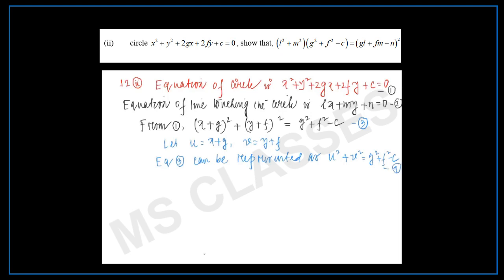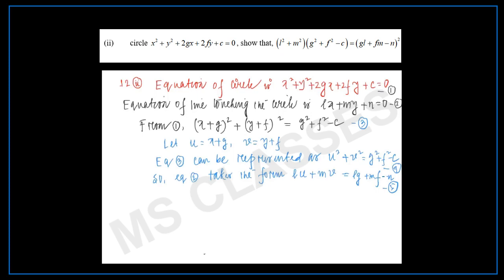Now, since we have simplified this one, the line will also take a different form. So equation 2 takes the form Lu plus Mv equal to Lg plus mf minus n, which we mark as 5.